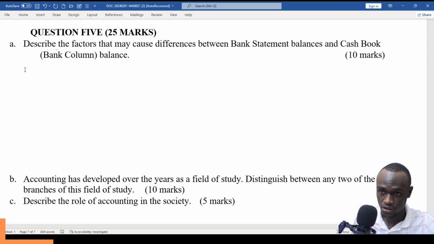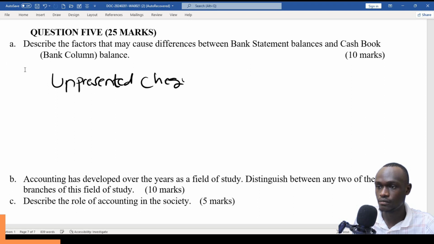One is what we call unpresented checks. So what's an unpresented check? An unpresented check is a check that has been issued but has not yet been presented to the bank for payment.